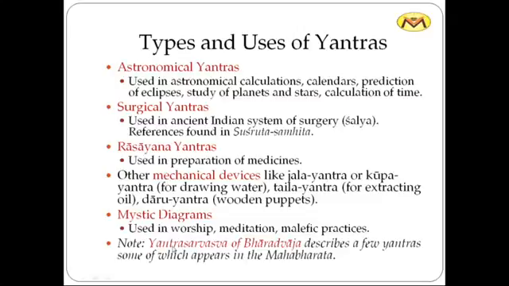Here is also a note that I came across. This is the name of a text called Yantra Sarvasva, written by a person named Bharadwaja. In this text, Bharadwaja mentions a lot of types of yantras, some of which are as old as the yantras used in the epic Mahabharata.